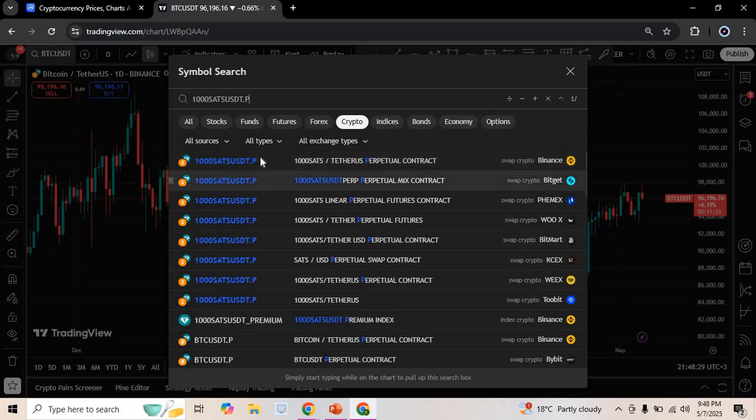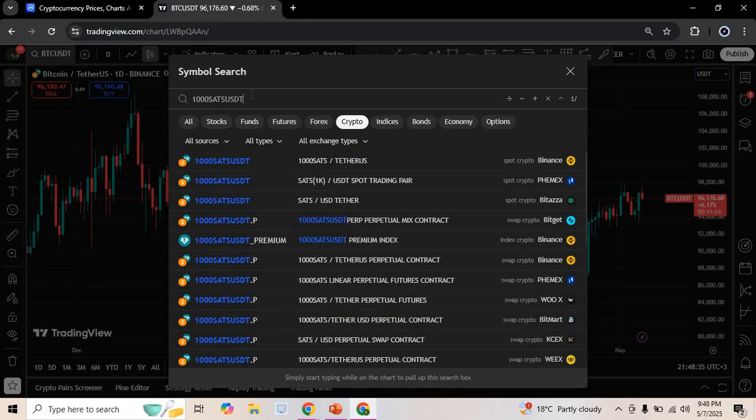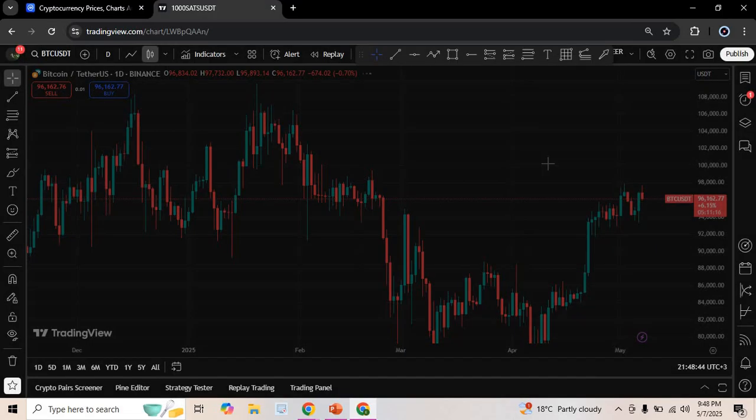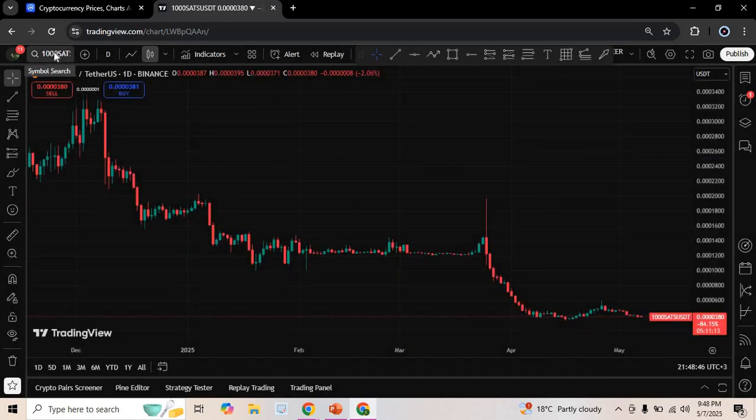So if I want futures, .P, and I can choose my favorite exchange, Binance, BitGet, whatever. But in this case, because we only know about spot, we've not yet covered futures, we use 1000 USDT, and you can choose Binance as your favorite exchange. So from this corner, this is where you choose all the coins that you want to trade.